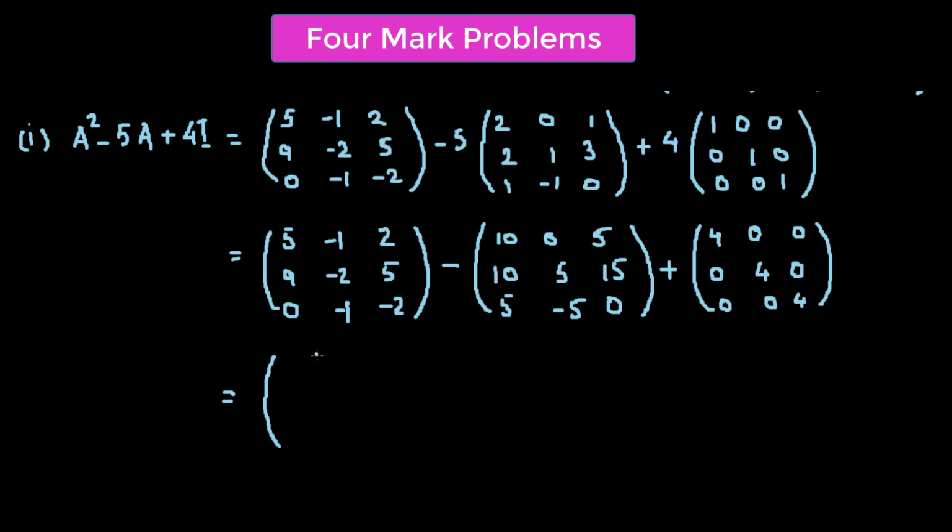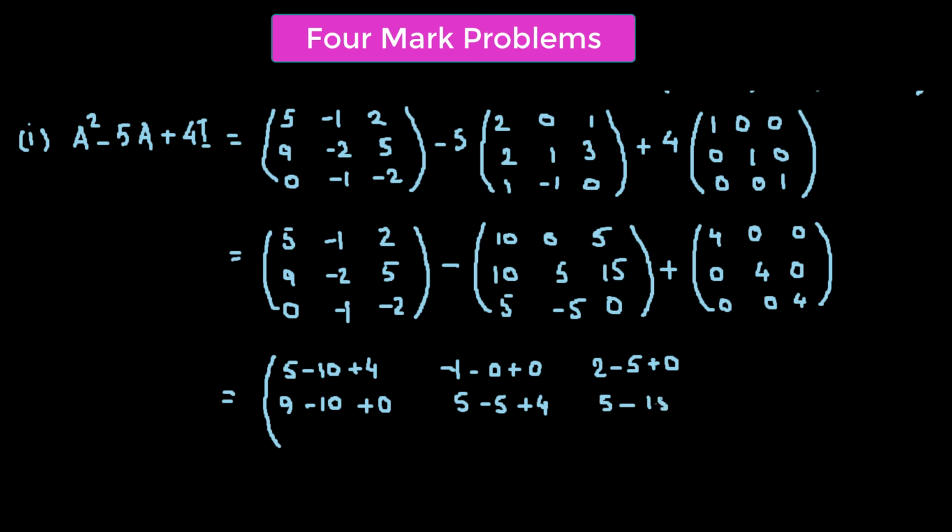finally we do the manipulation. So we have 5 minus 10 plus 4, then negative 1 minus 0 plus 0, 2 minus 5 plus 0, 9 minus 10 plus 0, 5 minus 5 plus 4, 5 minus 15 plus 0, 0 minus 5 plus 0, then negative 1, negative times negative 5 will be positive 5, plus 0, and finally we have negative 2, negative 0, and positive 4.